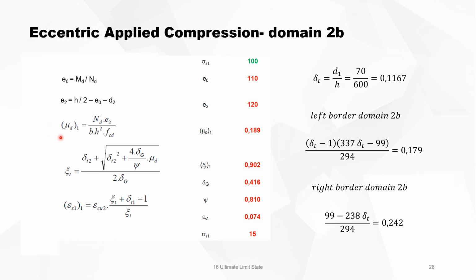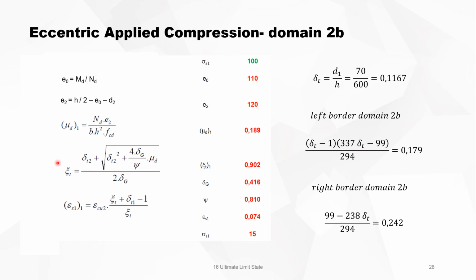After that, the first iteration of the reduced bending moment, which is 0.189. Oh, now we must take care. What does that mean? We calculate the left border of the domain 2B, which is 0.179, and the right border of the domain is 0.24. So we are in domain 2B, so we have the right formulas.